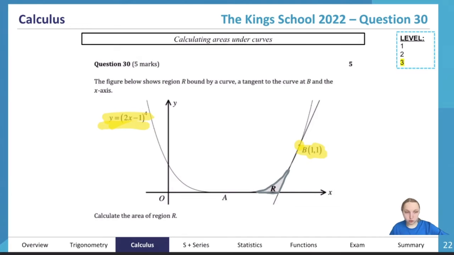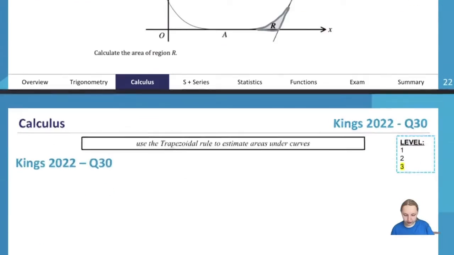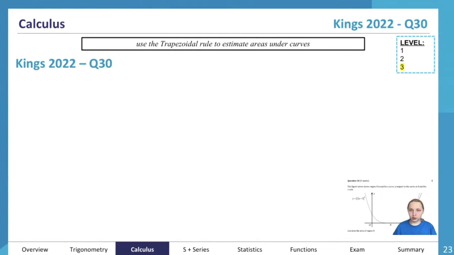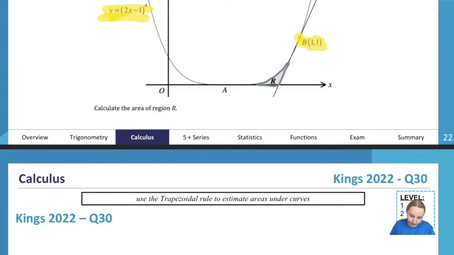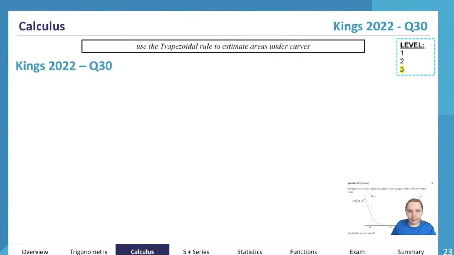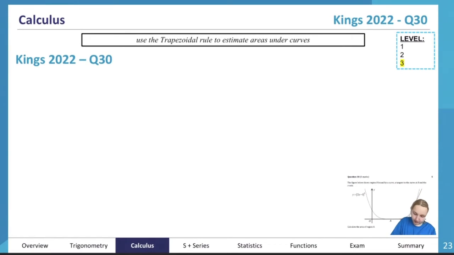Okay, so we've got all sorts of things that we are going to need to work out here. Looking at this question, the first thing we need is the equation, y equals (2x minus 1) to the power of 4.